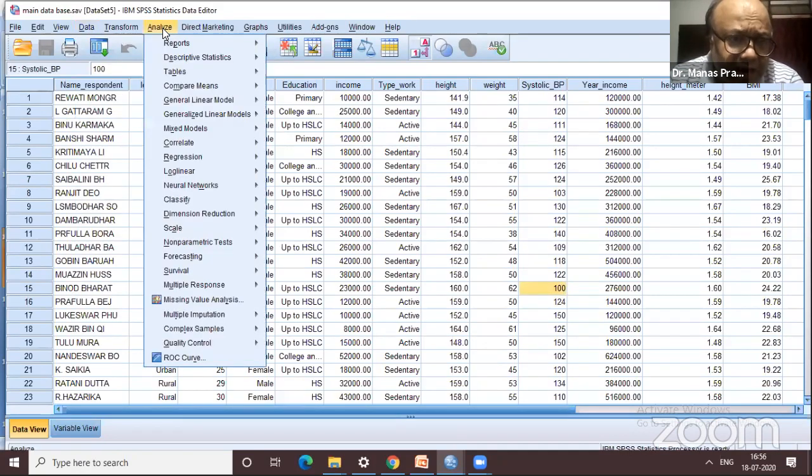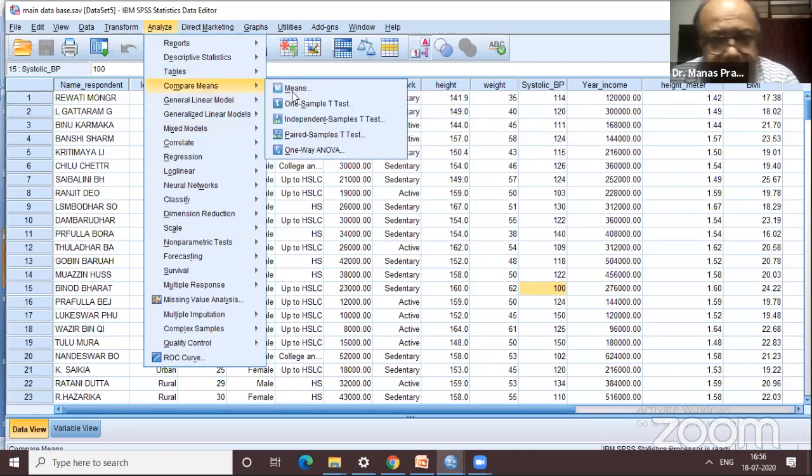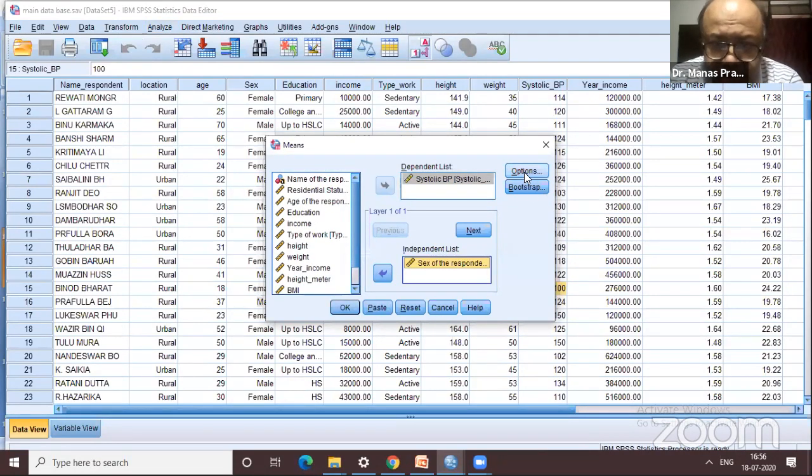Go to analyze, go to compare means, then means. You see here we have a mean variable. Okay, so select means. Then for the dependent variable, we have to put the systolic blood pressure variable, and in independent, we have to put sex. Then you have to go to options.